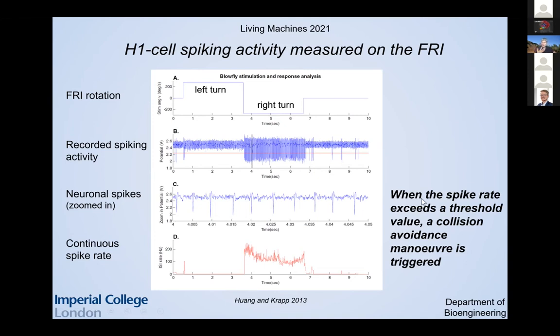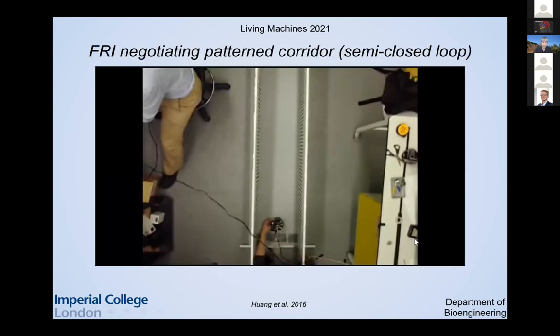Well, the easy configuration we have at this point in time is just monitoring the instantaneous spike rate down here, and whenever that spike rate exceeds a particular threshold value, we trigger some sort of collision avoidance maneuver. This is a very old video we did a couple of years ago.